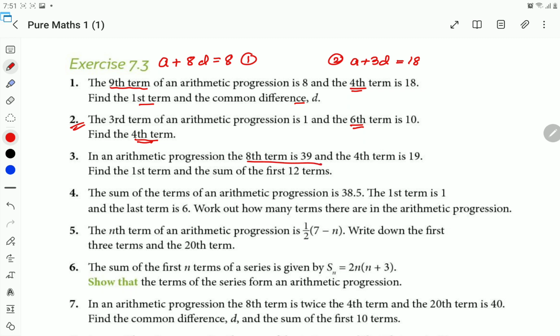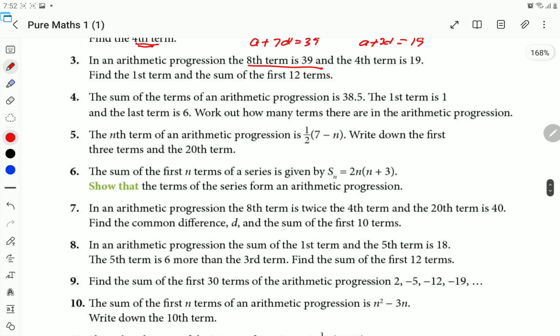Every time you see that phrase, the eighth term, that's a plus 7d is equal to 39. The fourth term, a plus 3d is equal to 19. Again, try to do this by yourself. We're just trying to walk through the question.